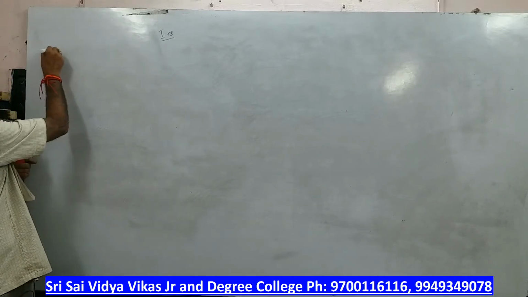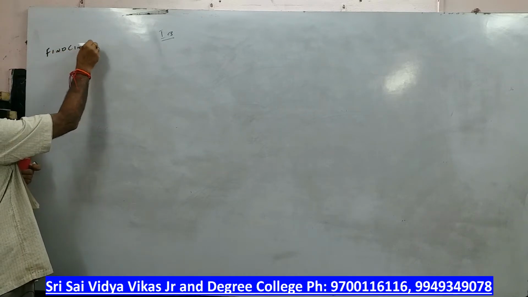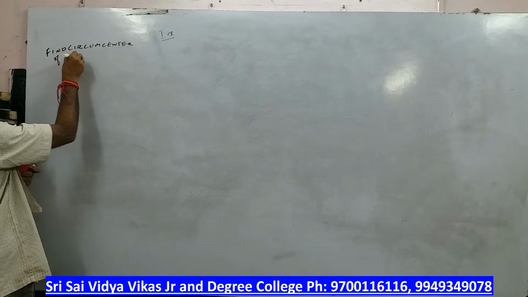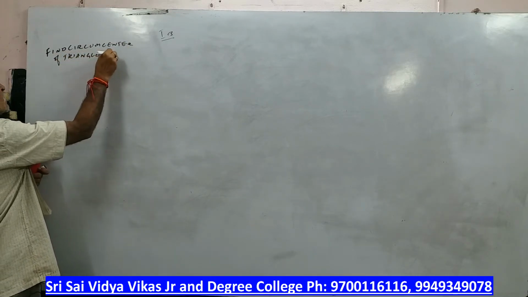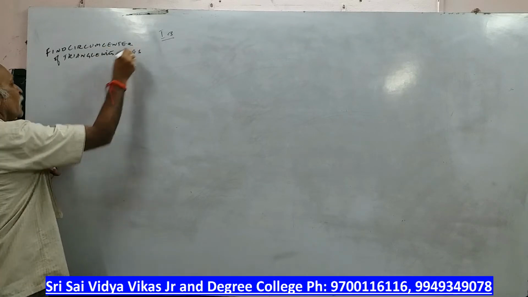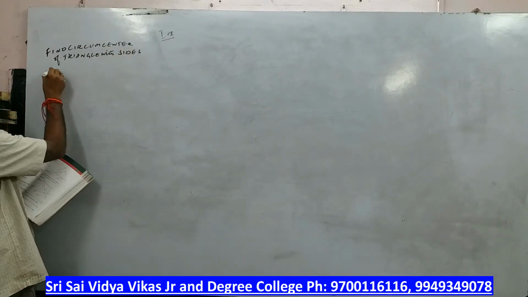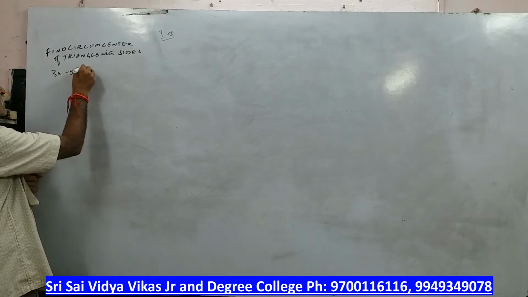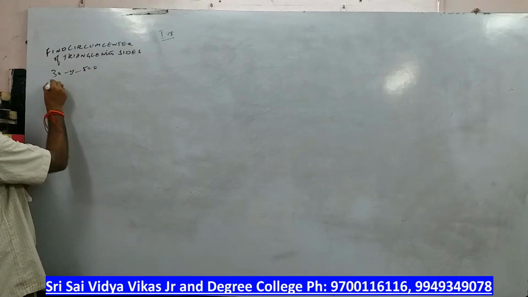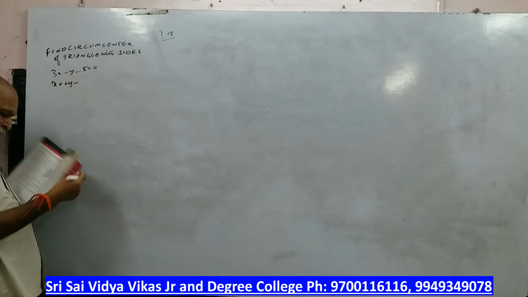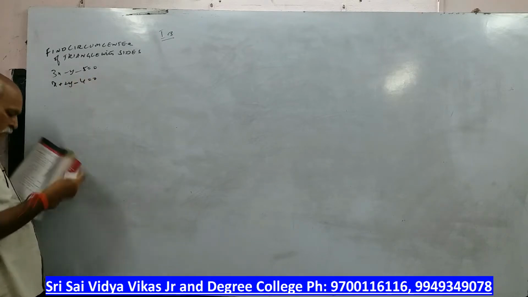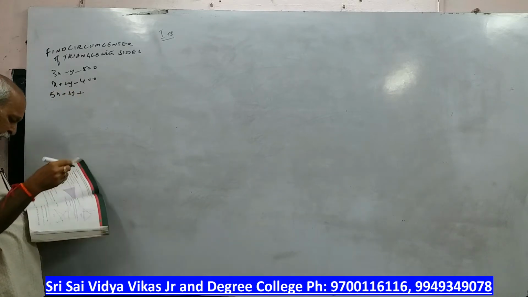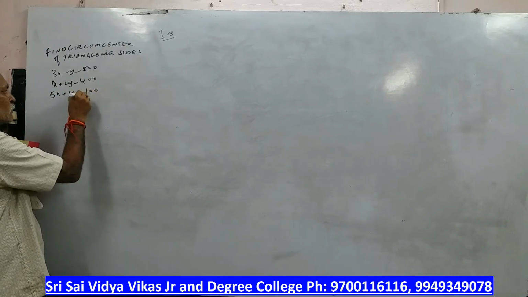Find the circumcenter of a triangle with sides 3x minus y minus 5 is equal to 0, x plus 2y minus 4 is equal to 0 and 5x plus 3y plus 1 is equal to 0.